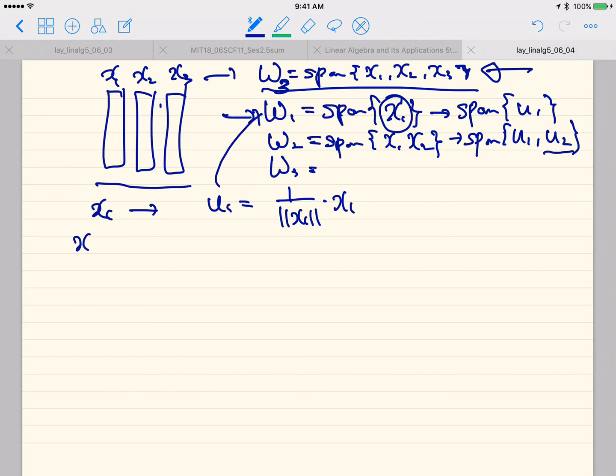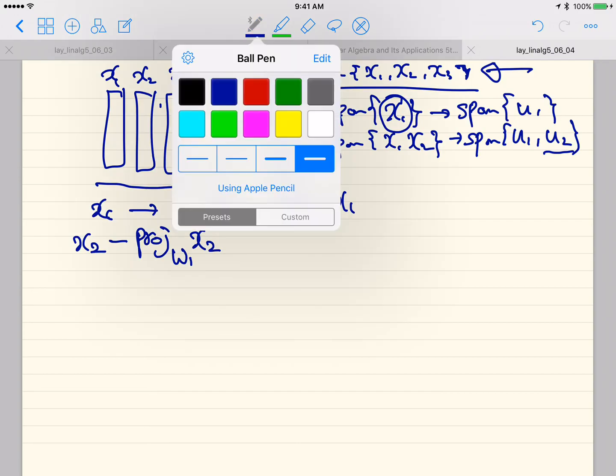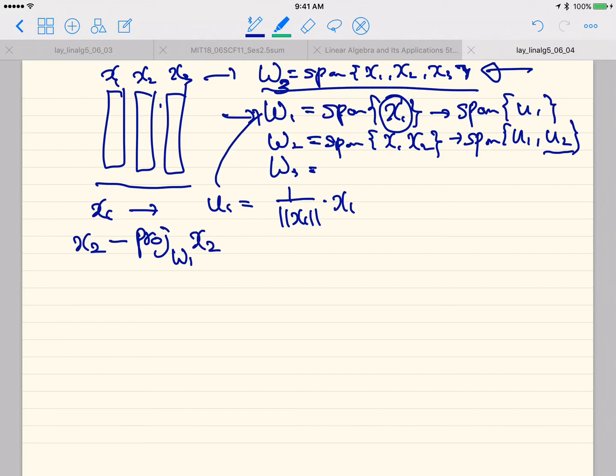W2 is computed as follows. From the x2, we remove the orthogonal projection of this x2 onto the subspace W1. Let me just highlight this subspace, which is the subspace spanned by the previous vector.